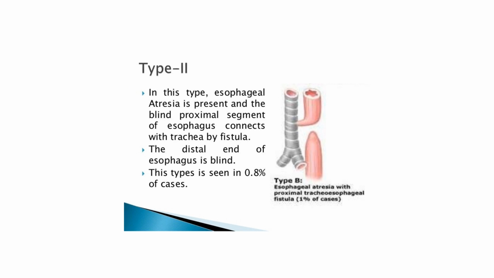In type 2, the proximal segment of the esophagus is abnormally connected with the trachea, which is called a fistula, and the distal part of the esophagus is blind. So this condition has both fistula as well as atresia.